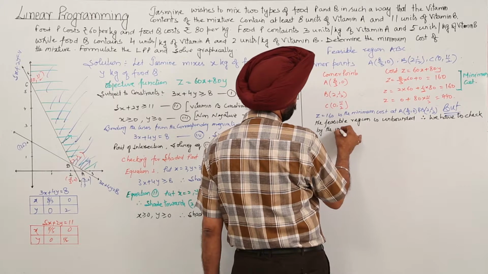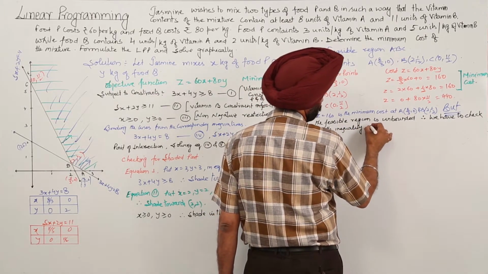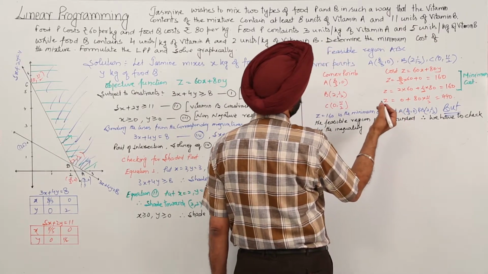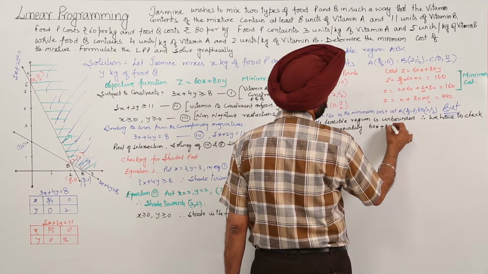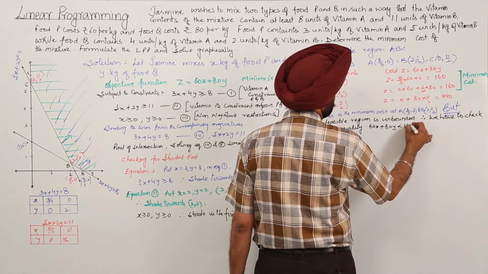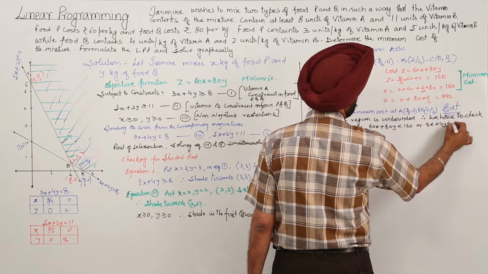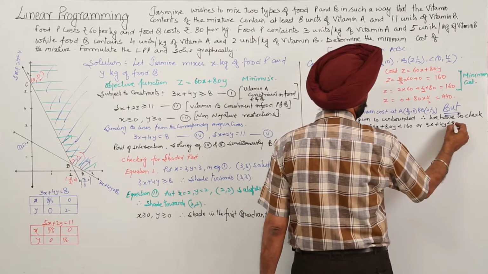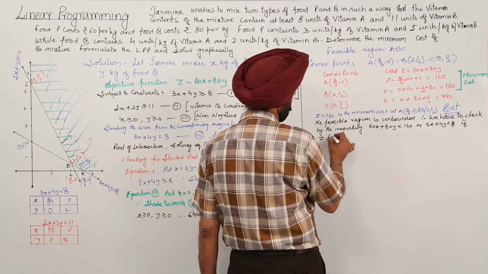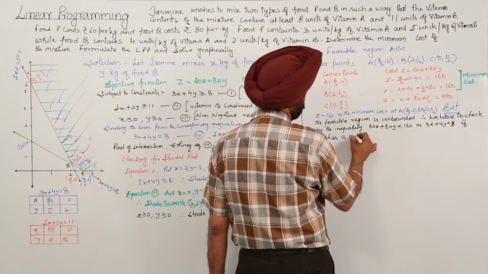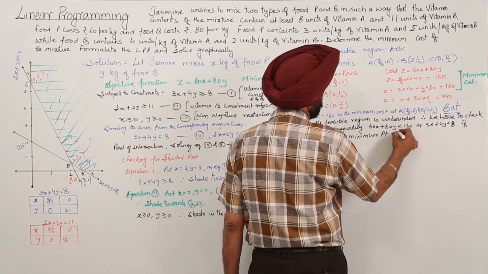by the inequality 60x plus 80y is less than 160, or 3x plus 4y is less than 8, if Z has a minimum point or not.